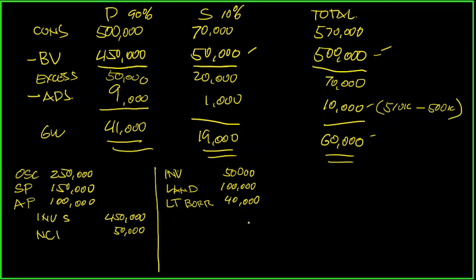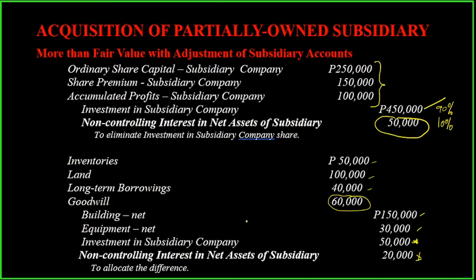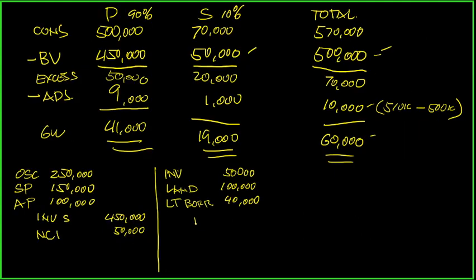Okay. Ano pa? Nawala na. Okay, you have building and equipment, 150,000 and 30,000. Balanse ba o hindi? Ito 190, ito 180. Kulang pa ng 10,000 dito, di ba?